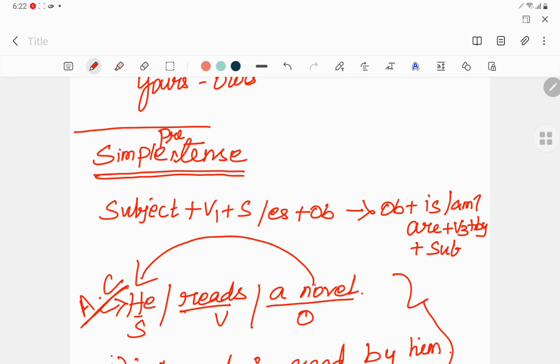This is the structure. This is most important: subject plus verb 1 plus s or es plus object, and then while changing, the object comes first. For present tense, am, is, are plus verb 3 plus by plus subject. Okay, so this is about simple present.